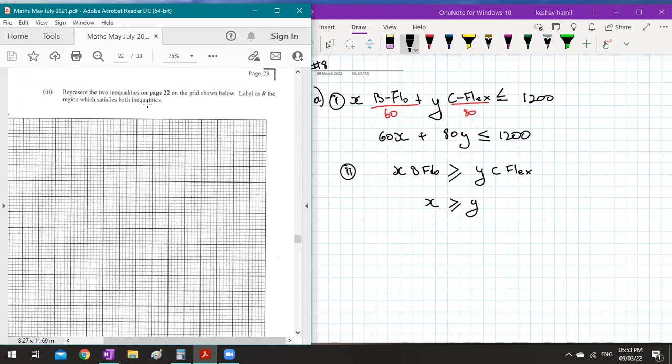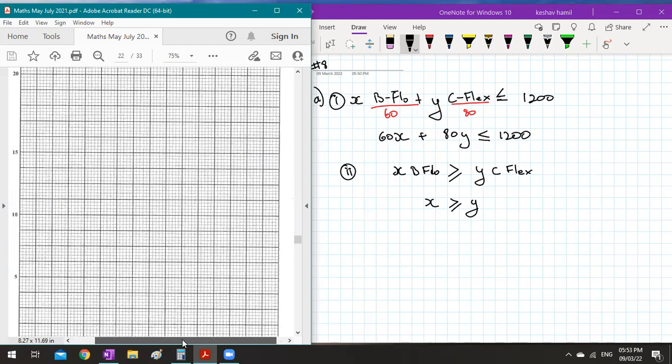Represent these two inequalities on the graph page provided.